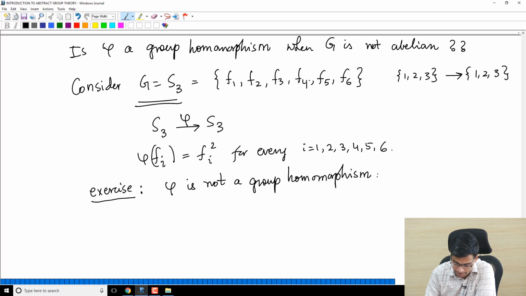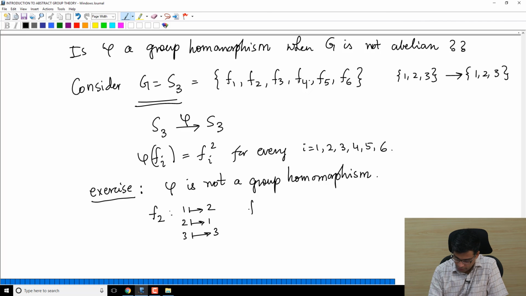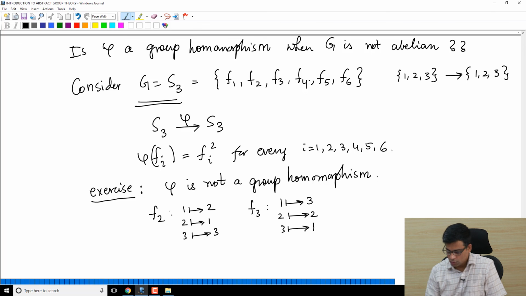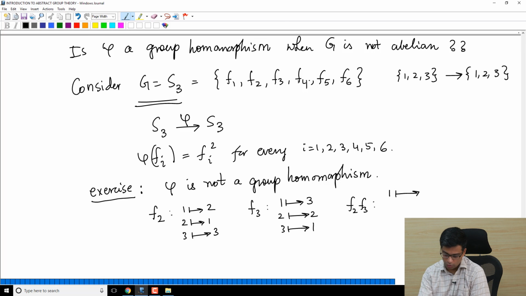Maybe I'll just quickly tell you how to check this. Let me recall for you from the first video: f2 sends 1 to 2, 2 to 1, 3 to 3, and f3 sends 1 to 3, 2 to 2, 3 to 1. So where does f2 f3 go? If you multiply f2 and f3, 1 goes to 3, then 3 to 3.